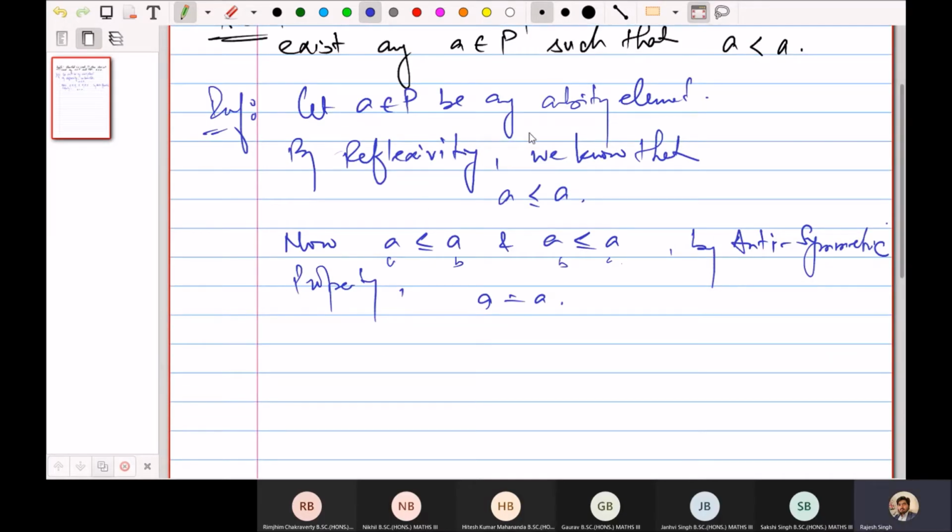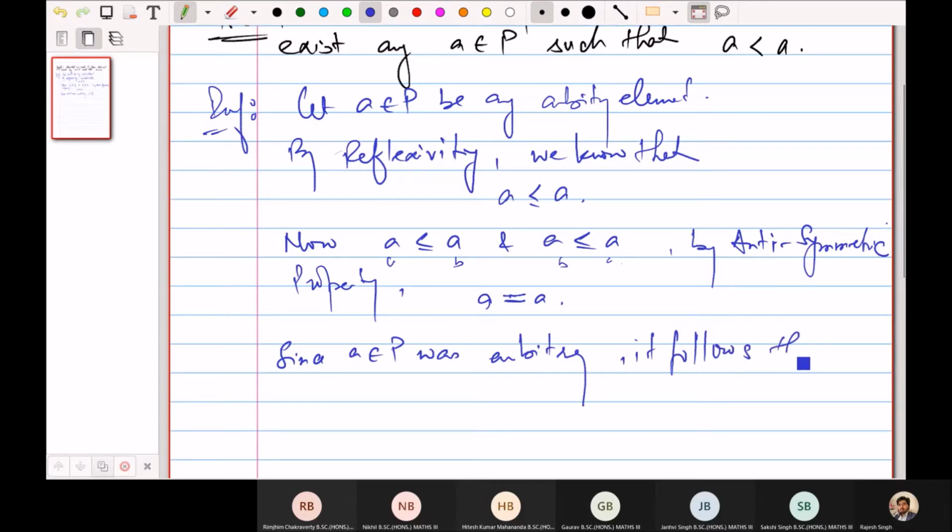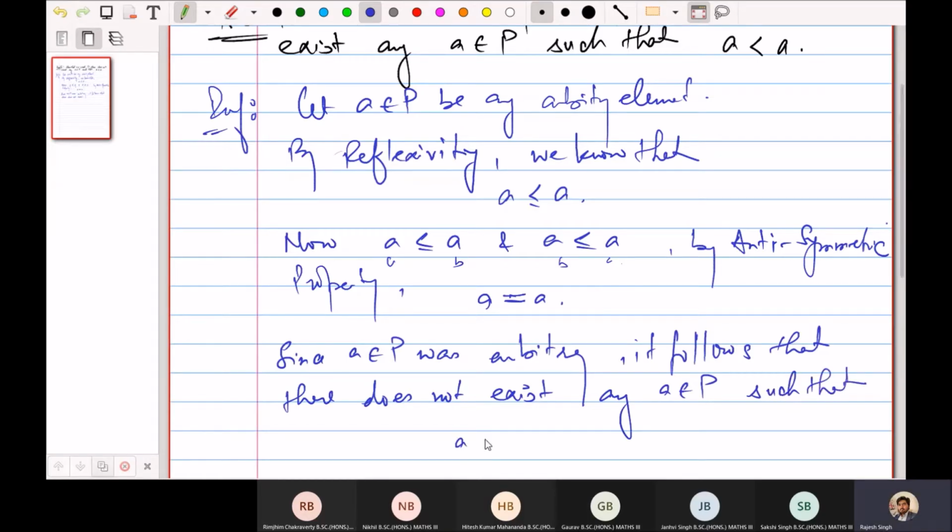Because we have proved it for any A belonging to P, since A belonging to P was arbitrary, it follows that there does not exist any A belonging to P such that A is strictly less than A. A strictly less than A का मतलब क्या है?